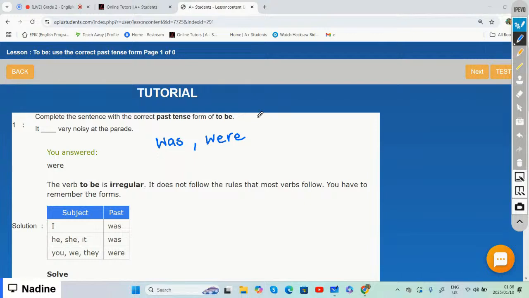We need to choose the correct past tense form of to be.